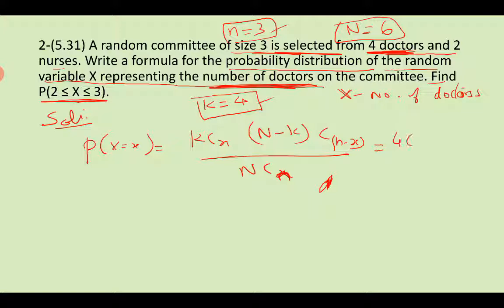When you substitute the values, K is 4, so 4 C x, and capital N minus K is 6 minus 4, which is 2, C small n minus x, that is 3 minus x, over 6 C 3.